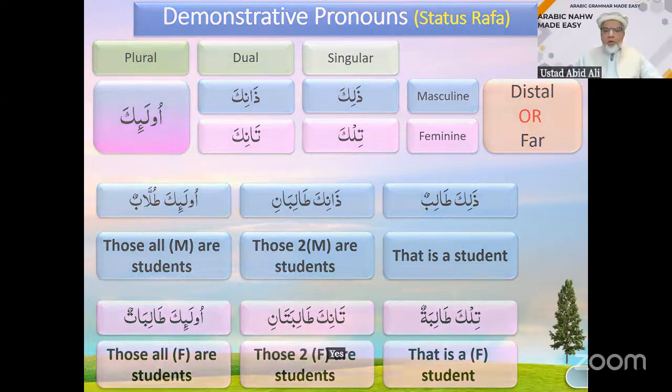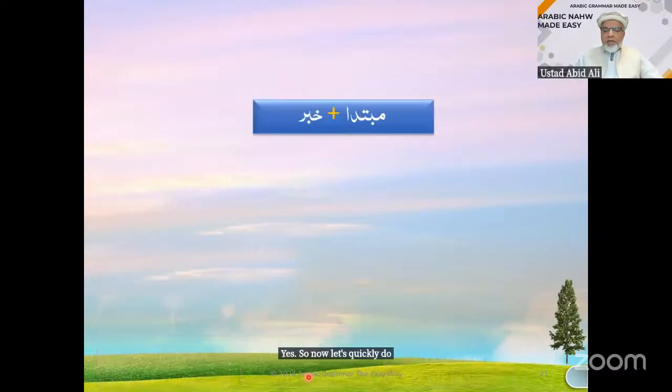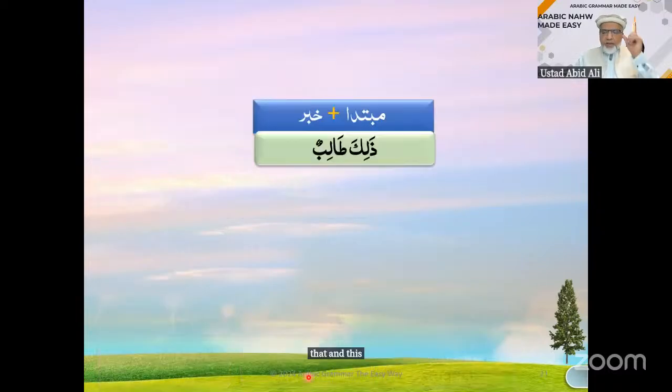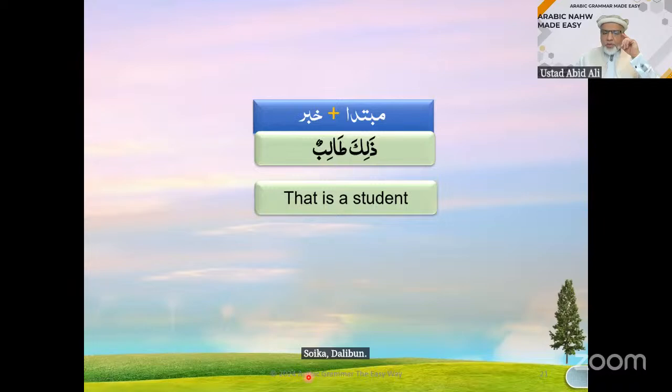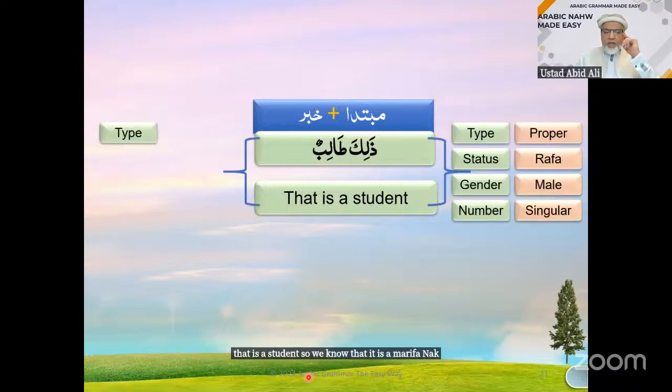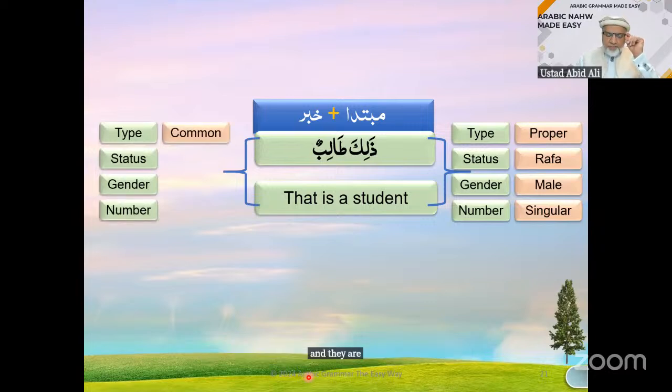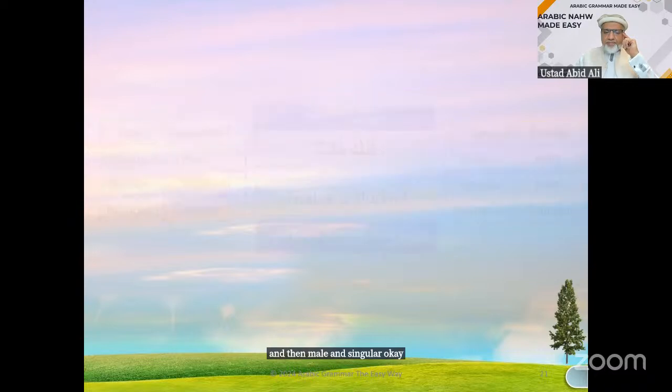Okay. So now let's quickly do one more exercise, and I'm going to do this one quickly because then we want to take a break. So Mubtada, Khabar: Dalika Talibun, that is a student. So we know that it is a Marifa Nakira combination and they are both Rafa, male and singular. Okay, Murakkab Tam.